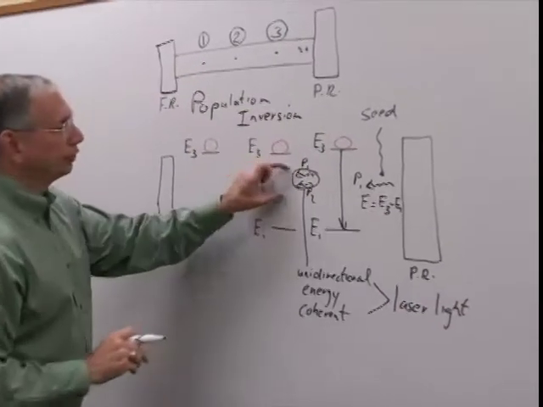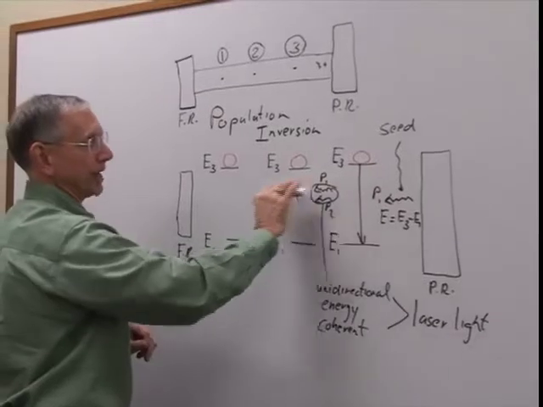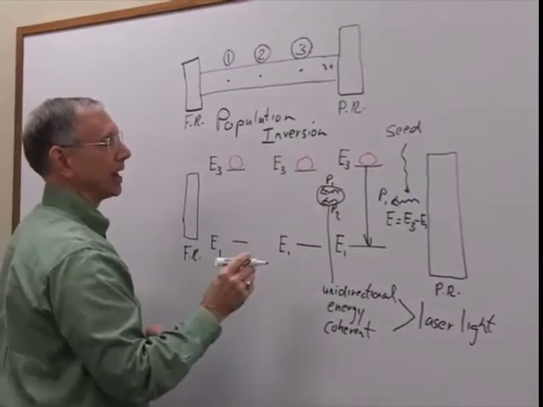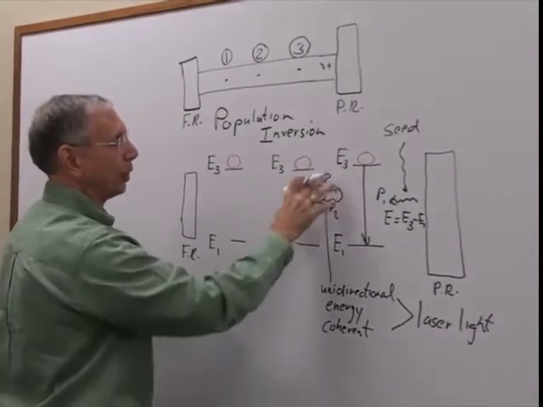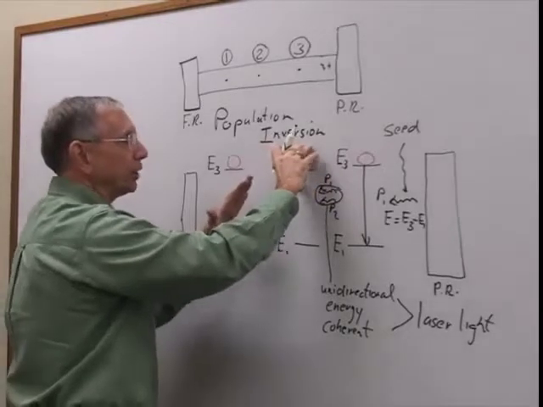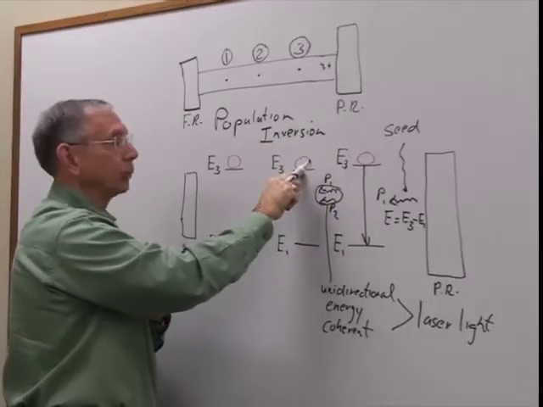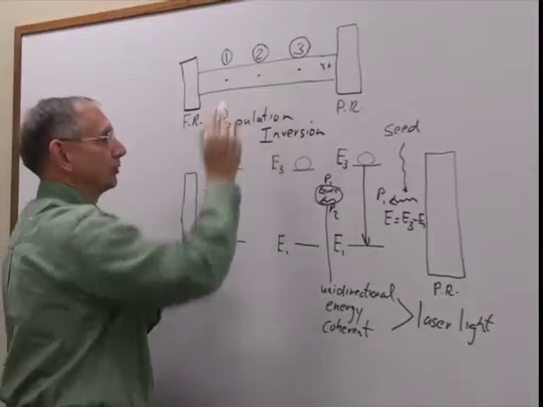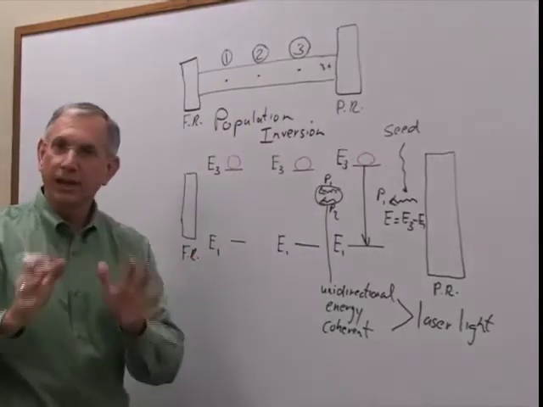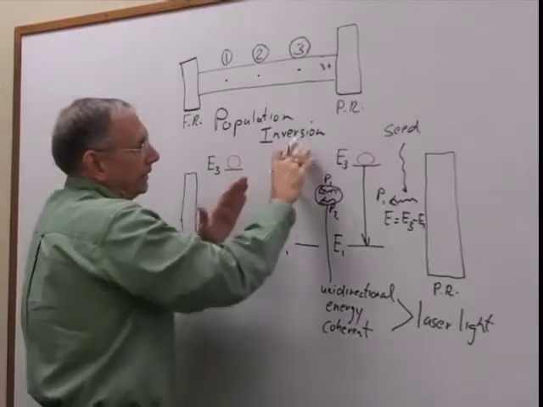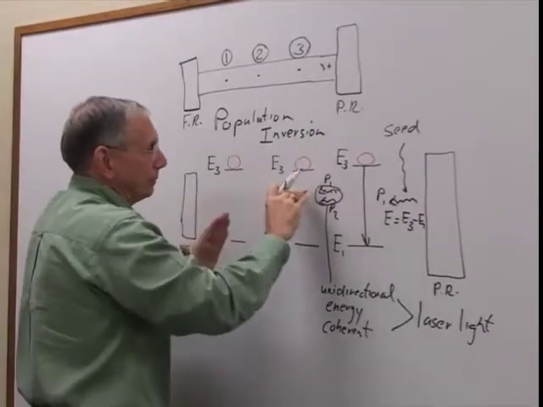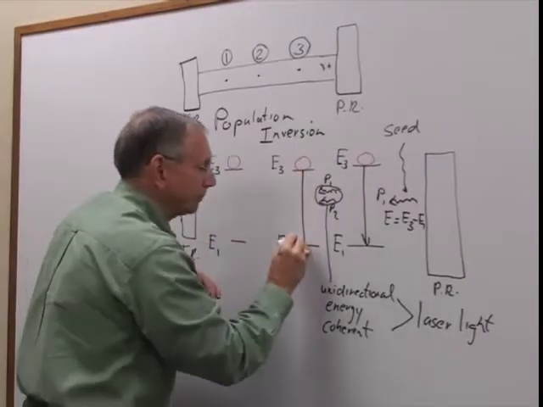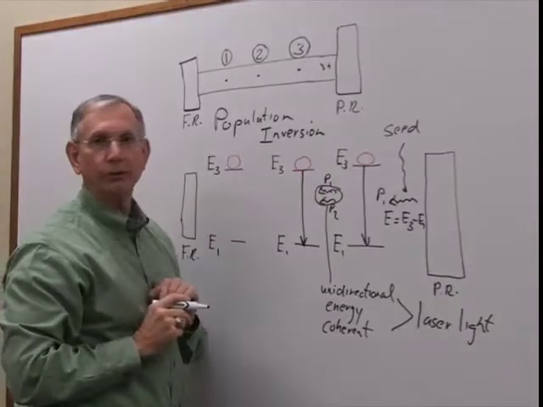Now, these two photons will continue to move down the axis of this optical cavity in the laser. One of the two of them will interact again with this energy level E3 in the atom at location 2. The same thing happens again. This interaction stimulates this atom to drop down into its ground state.